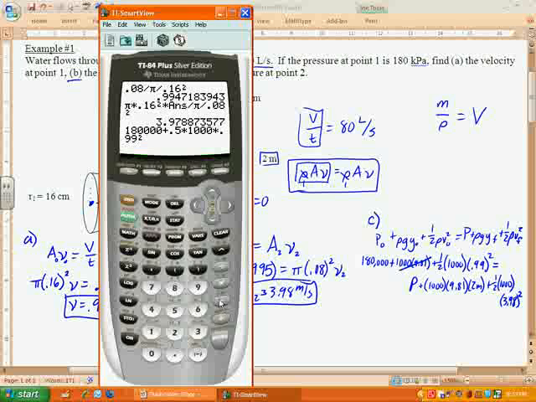And then also minus this 1/2 times 1,000 times 3.98 squared. And we get 152,949, which is approximately 153 kilopascals. And that is the final pressure.